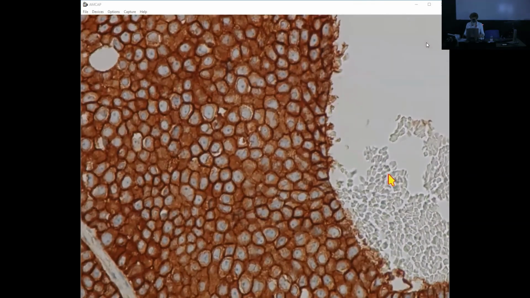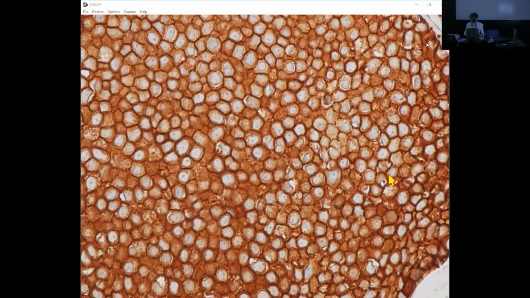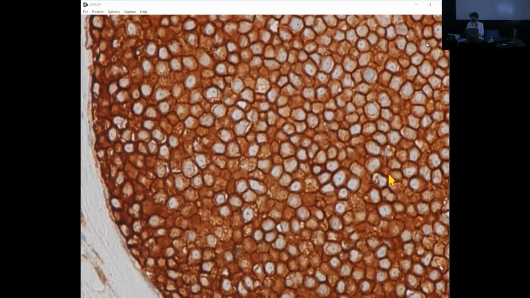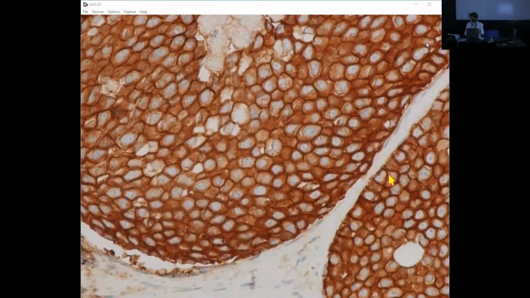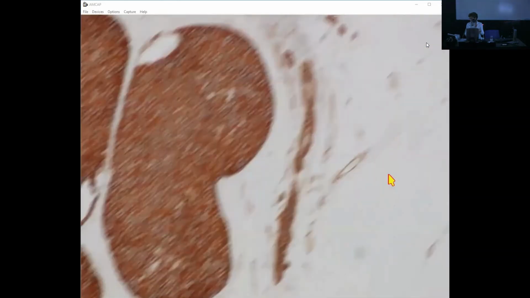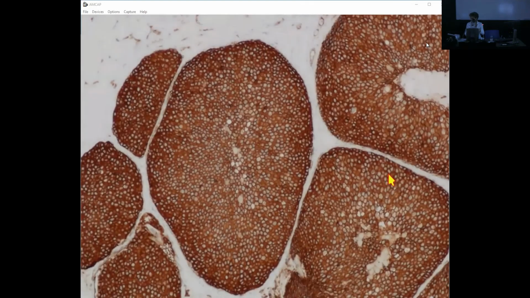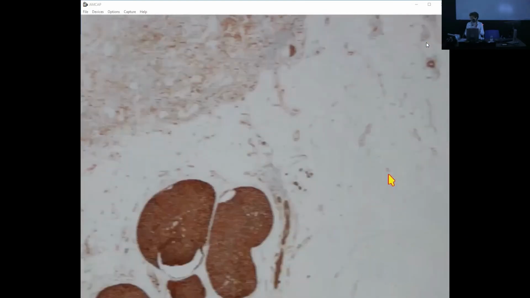But then there are some cells with cytoplasmic positivity. So it could be a truly mixed ductal and lobular. Could be called florid LCIS with invasive lobular, or could be called ductal with lobular features. Sometimes, this tumor is not really fully declaring itself.